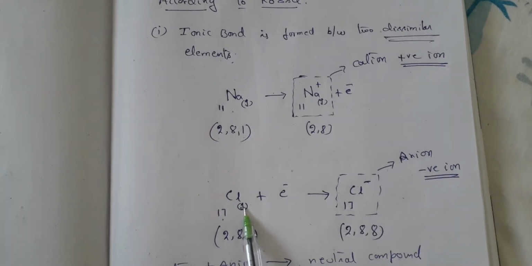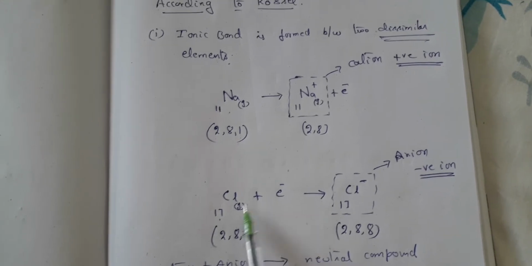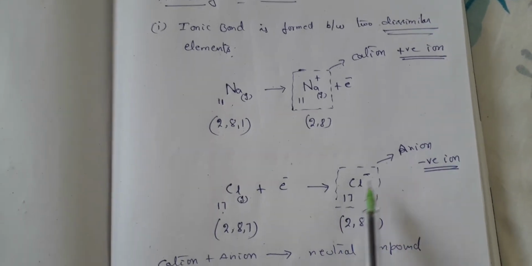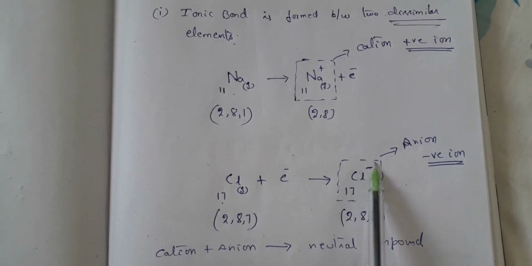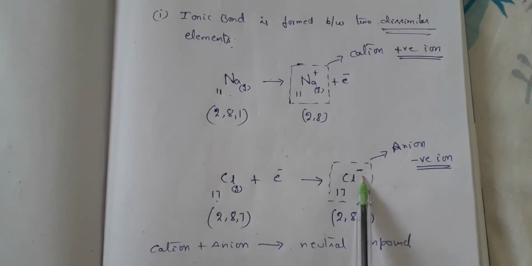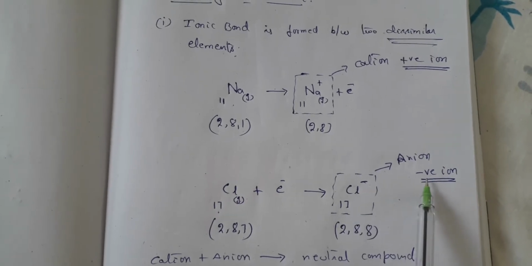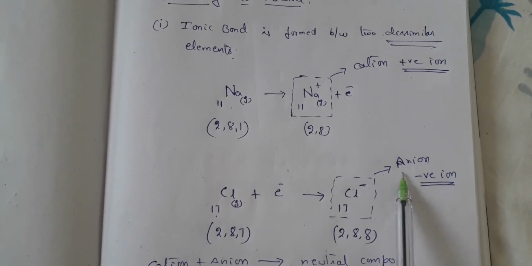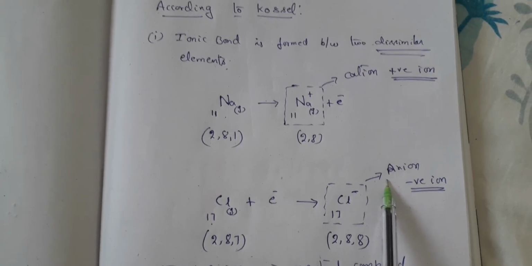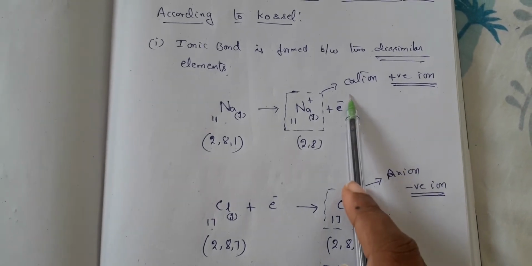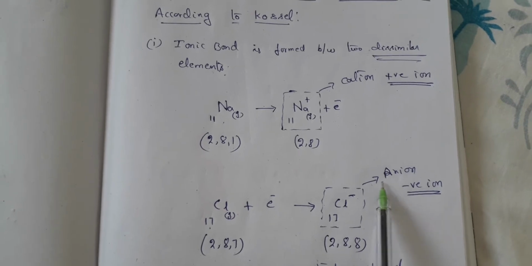So what happens here? There are 18 electrons and 17 protons. So one negative charge is extra. Therefore it will form a negative ion, and these are called anions. So positive ions are called cations, and negative ions are called anions.